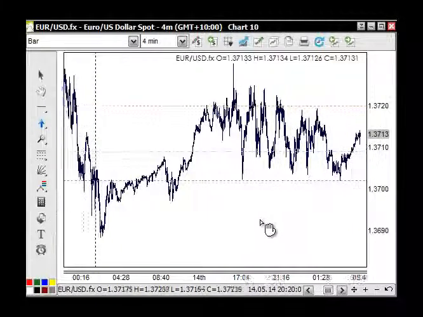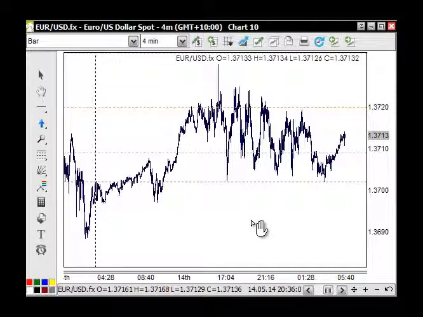Now what we want to see from this point, where do we start here? This particular move up through to this high here, or forget the spike, but in here is basically in 3 waves.